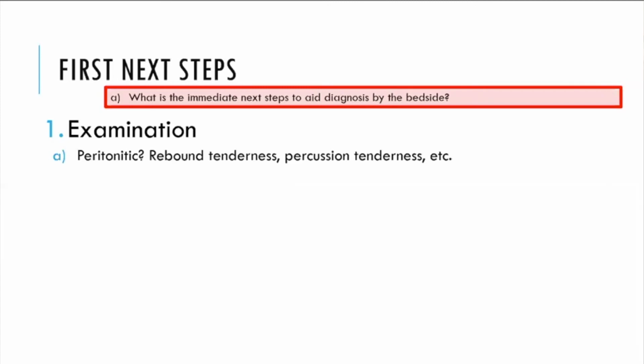They're all potential signs, but really the most useful in terms of evidence are rebound tenderness and percussion tenderness, both of which test for localized peritonitis. So examination is the single most useful thing you can do. It's a clinical diagnosis of appendicitis.